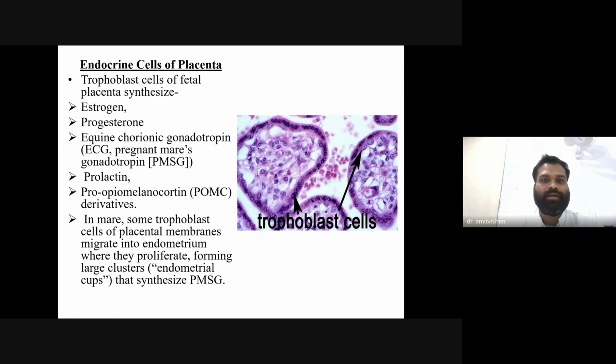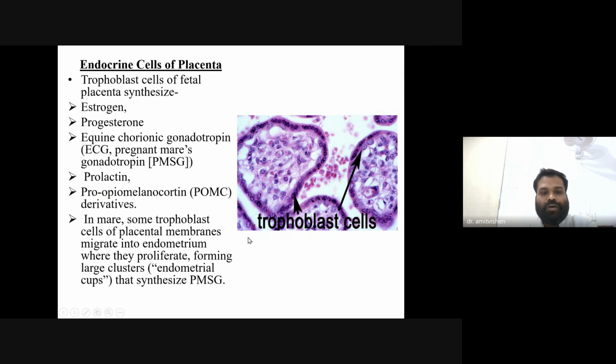Now let's talk about the endocrine cells of the placenta. You all have heard in your gynecology that placenta also secretes or synthesizes some hormones, for example estrogen, progesterone, hCG, PMSG, prolactin, and pro-opiomelanocortin derivatives also.